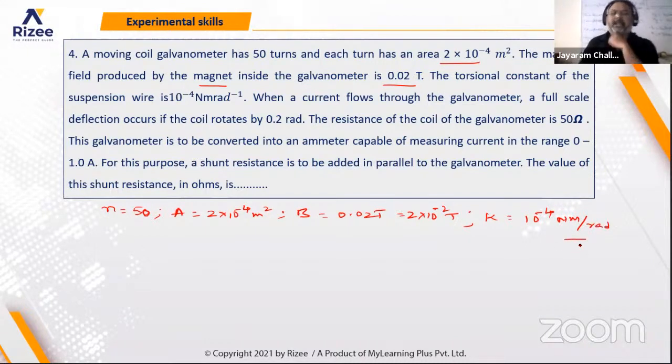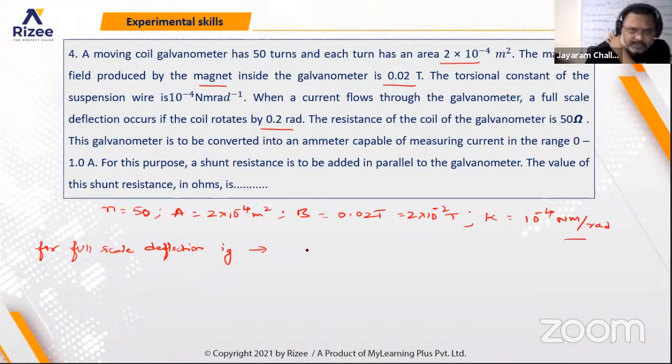When current flows through the galvanometer, the full scale deflection occurs and the coil rotates by 0.2 radians. So that means for the full scale deflection, your Ig is deflecting, and the angle it has been rotated is 0.2 radians.